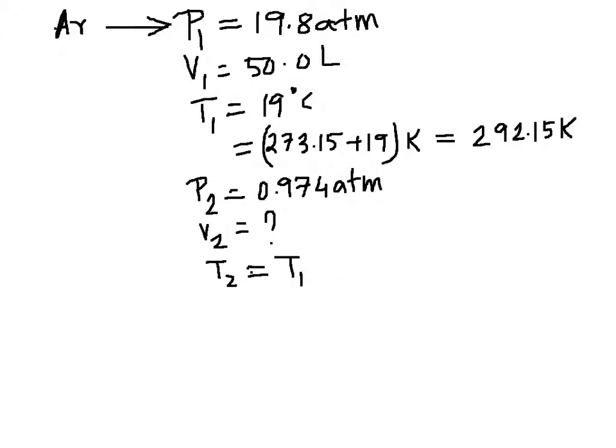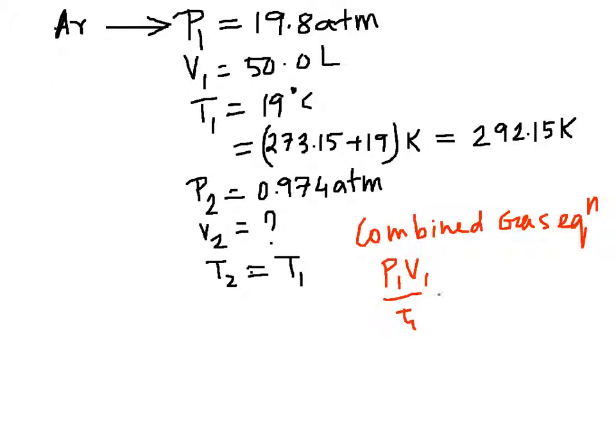Okay, so the equation that you need to use here is the combined gas equation, which is given by P1 V1 by T1 is equal to P2 V2 by T2.